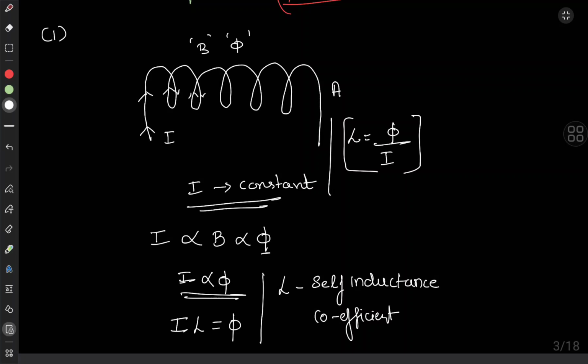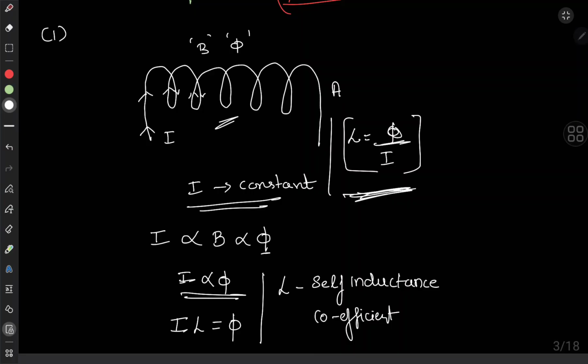Most of the questions will be asking to find the self-inductance coefficient for a given solenoid. They may ask this type of question. The self-inductance coefficient can be calculated as the flux linked to the coil divided by the current flowing in the conductor or solenoid.